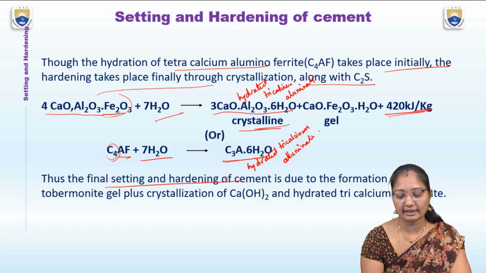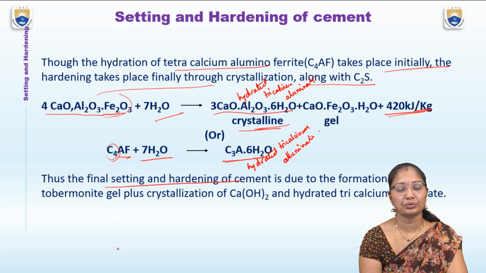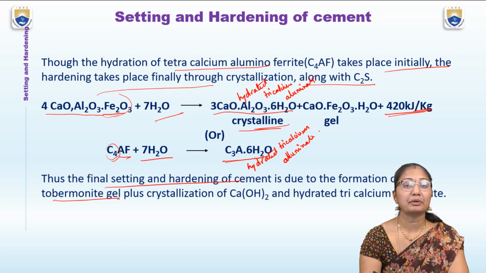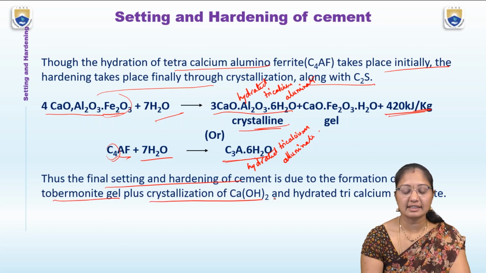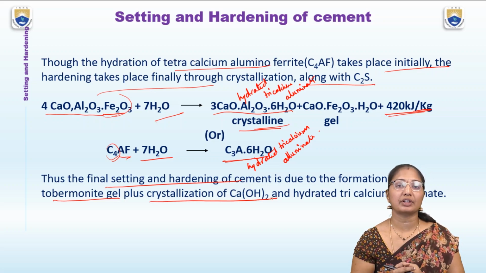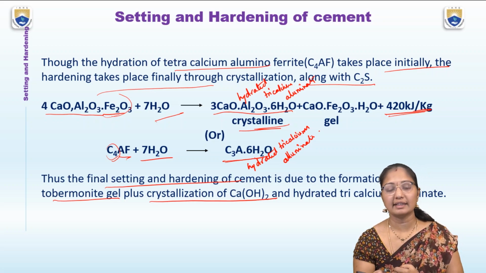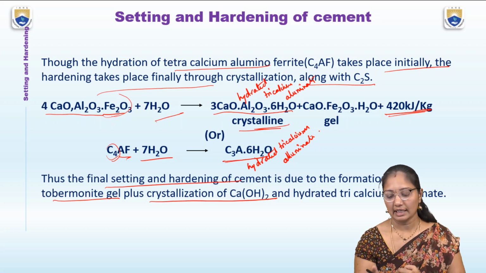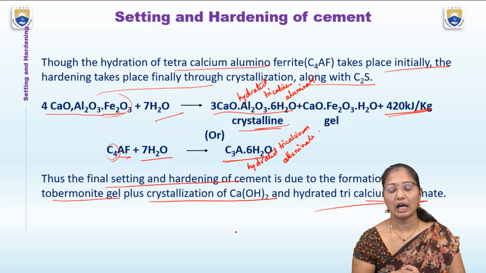Thus, the final setting and hardening of cement is due to the formation of tobermorite gel plus the crystallization of calcium hydroxide from the C3S or C4S and hydrated tricalcium aluminate.